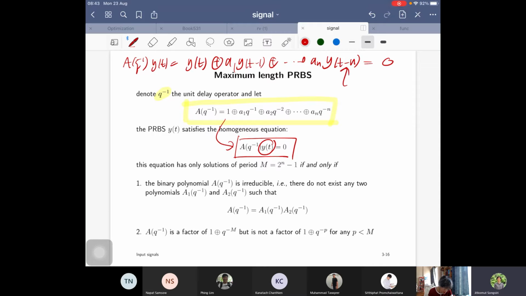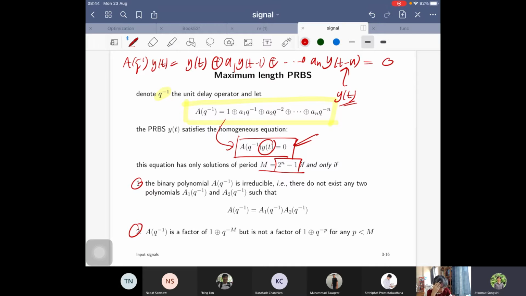For any sequence yt that satisfies this homogeneous equation, the statement says your solution yt will have a period of 2 to the n minus 1 if and only if these two conditions hold.